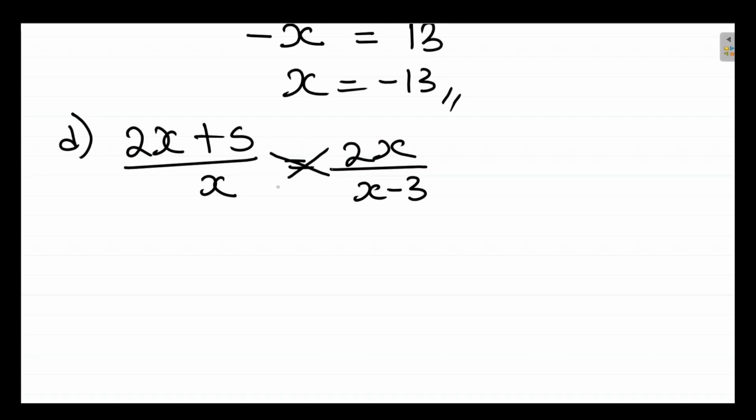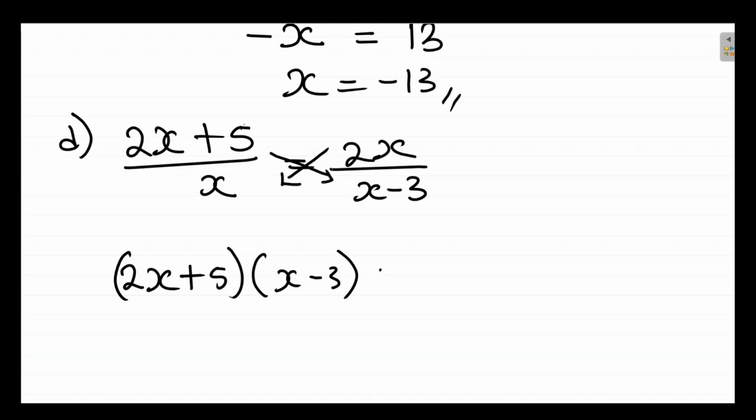So 2x will multiply x, and also 2x plus 5 will multiply x minus 3. So we have that 2x plus 5 will multiply by x minus 3 equal to 2x will multiply x.